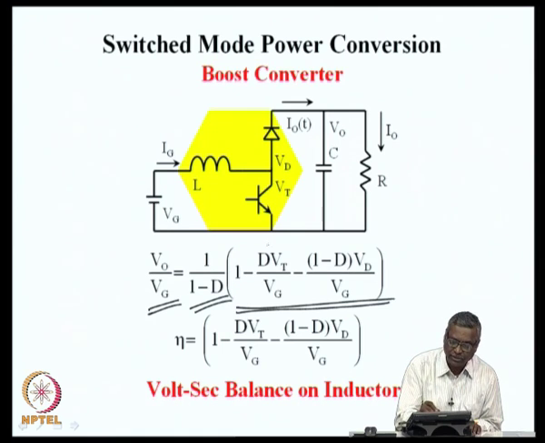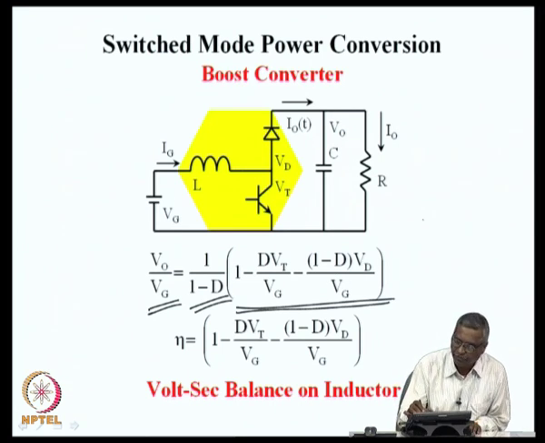So, this ratio will be small if the switch drop is very much less compared to Vg, and this ratio will be very small if Vd is very much less compared to V naught. This Vg by 1 minus d is V naught. So, we can say that Vt has to be very much less than Vg, and Vd has to be very much less than V naught.